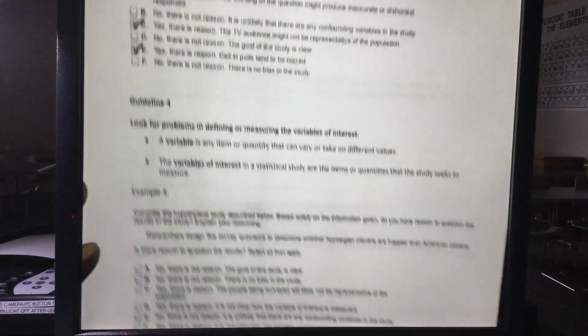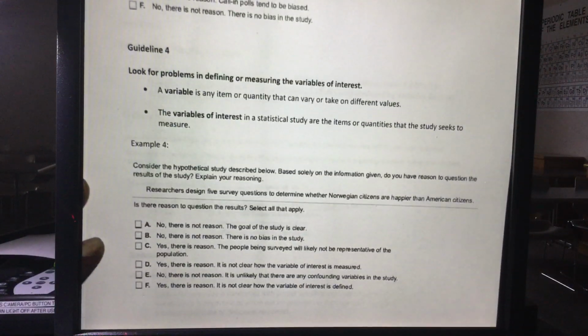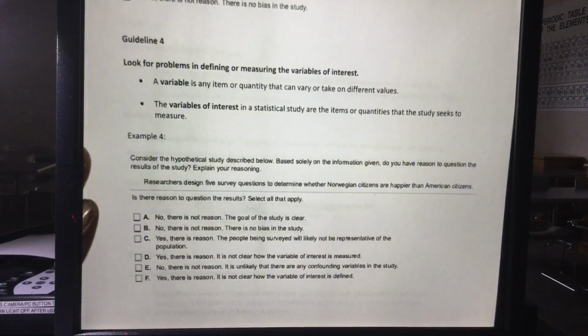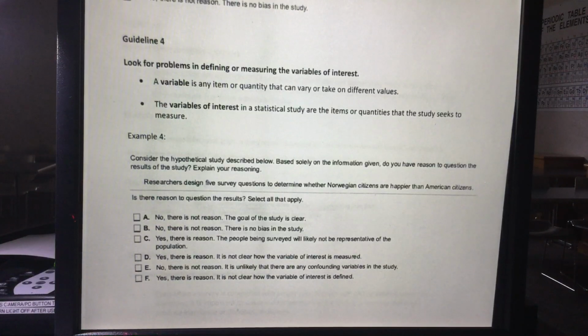Now, guideline number 4 deals with looking for problems in defining or measuring the variables of interest. Now, a variable is going to be any item or quantity that can vary or take on different values. So if you had a math class before, you've been introduced what a variable is.